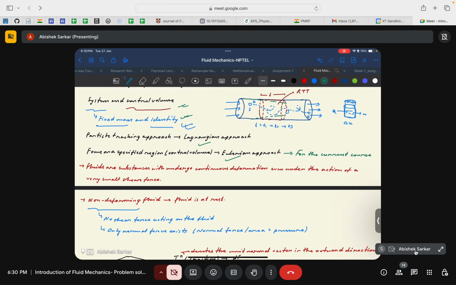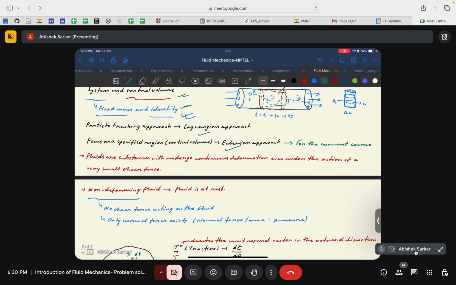Okay, it seems there's no doubt, so I think we can proceed further. These are very elementary definitions, and all of you might already know them, but given the importance, I thought it's better to emphasize them a bit.